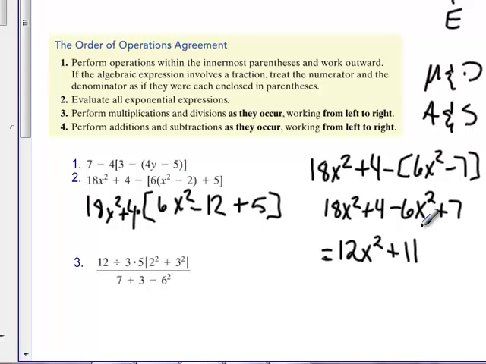Also, the numerator or denominator of a fraction, the top or the bottom of a fraction, has invisible parentheses around it. So if we wanted to, we could add these, and it's the same. You need to put the whole numerator together and the whole denominator together before you divide.